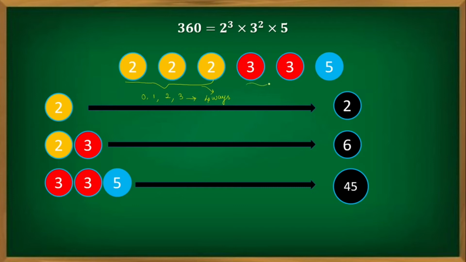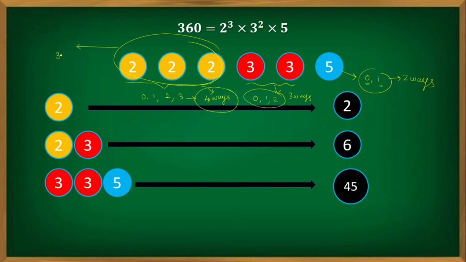Now how many combinations are there with red balls? Zero red balls, one red ball, two red balls, so three ways. And for the blue ball, it can be selected or it cannot be: zero blue balls or one blue ball, so two ways. Now you see the number of balls here is 3, but the number of ways of selection is 4, means 3 plus 1. Why is this one coming extra?